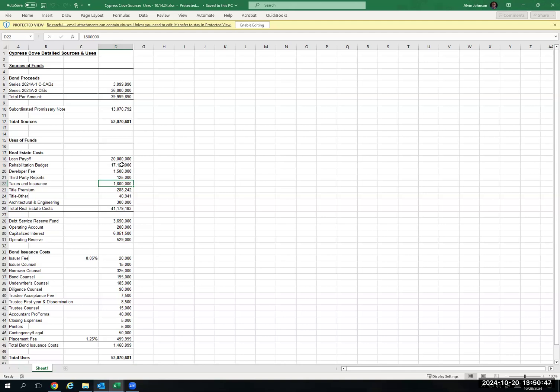1.8 million divided by 452 units is $3,900 a unit just for insurance. Almost $4,000 a unit. Ridiculous.